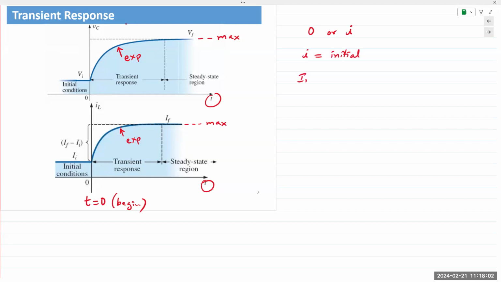So we could describe Ii or Vi, or in some of the equations I have I0 or V0. They all mean the same thing. The initial conditions right before we begin our analysis.